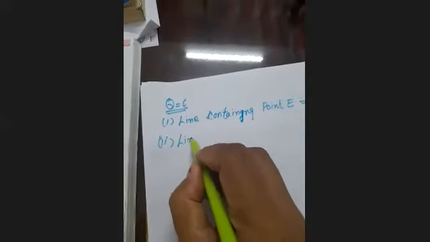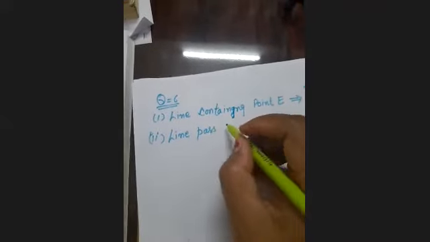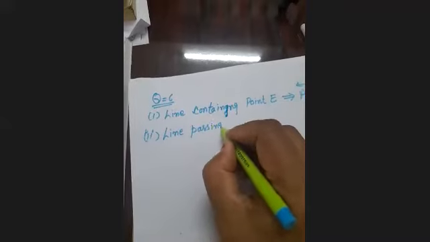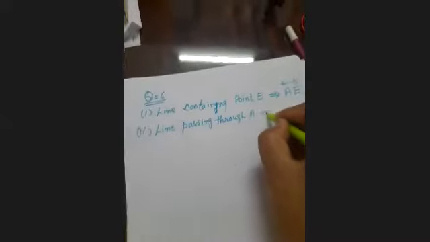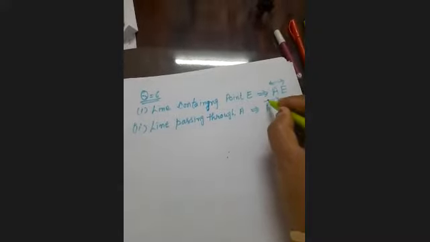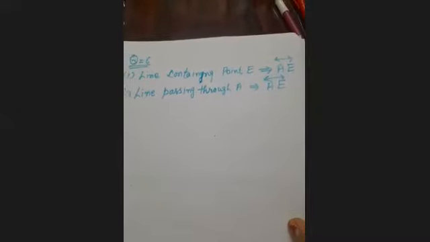Second part, the line passing through A is AE. Again, our answer is AE. A line passing through A is AE.